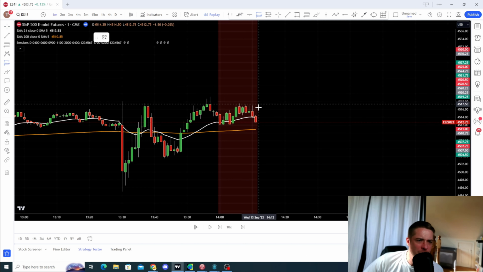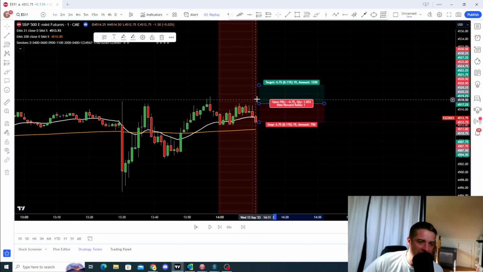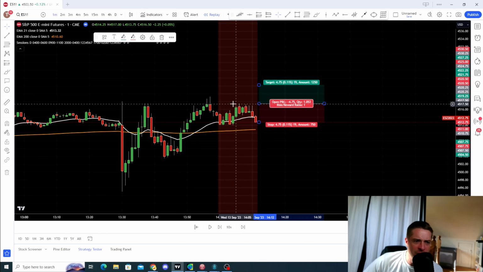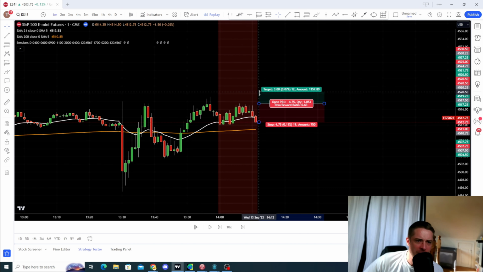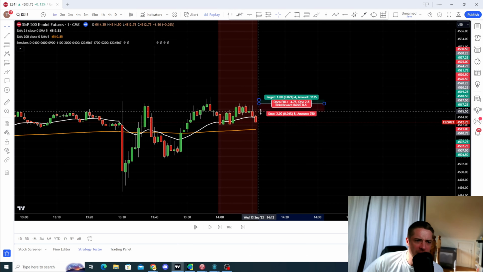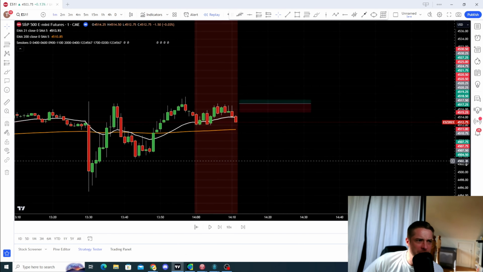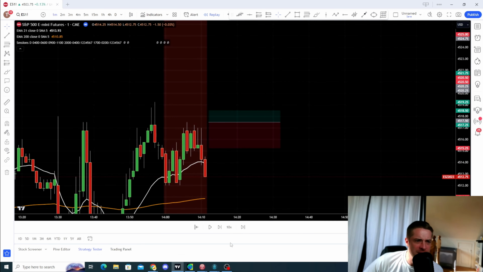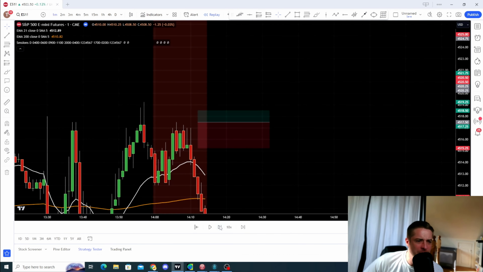We've got a bit of a retracement. I would be entering around about there. And the reason is there's a lot of sort of resistance here. There we go. Should we have a little look and see what happens? See if we get tagged in. Oh, we're coming down again.